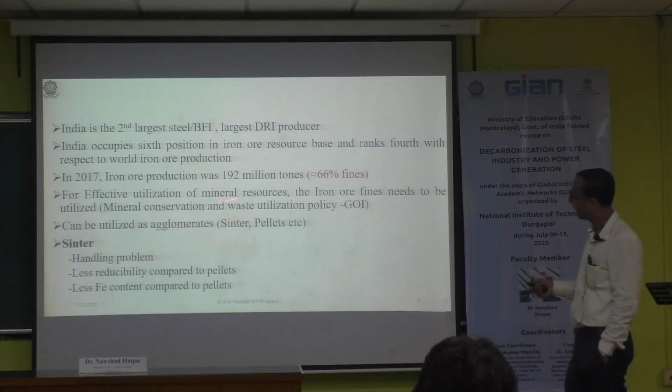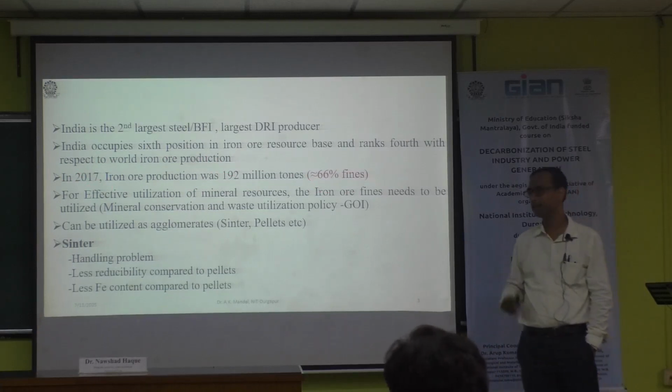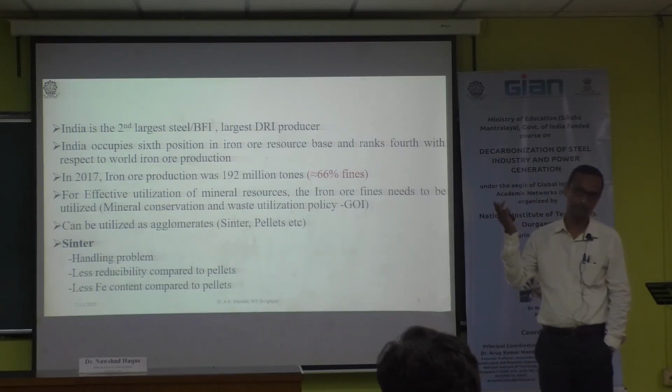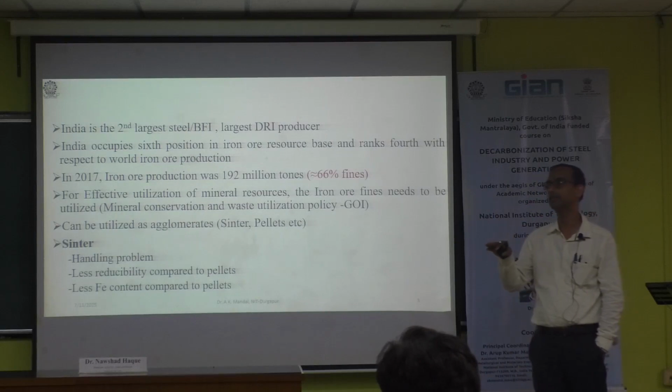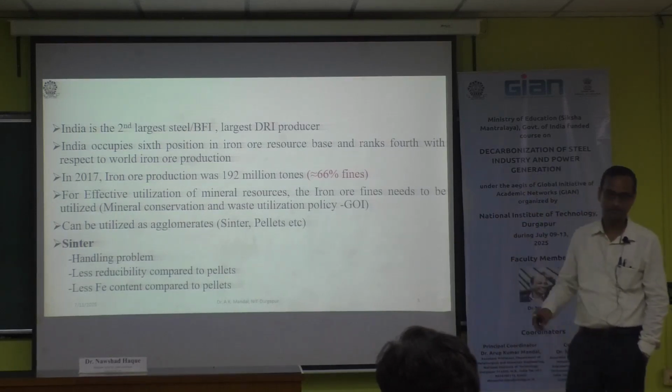So this finds, if you see, 17 data, it is it will do more now. But if you see less than 10 ml size, then it will be more than 65%. We generally call less than 10 ml size, then iron ore is waste. We mean fines.